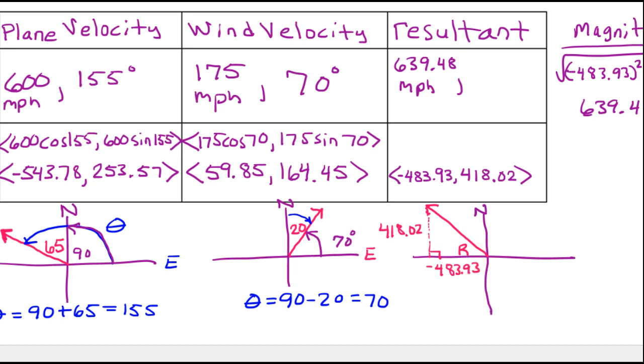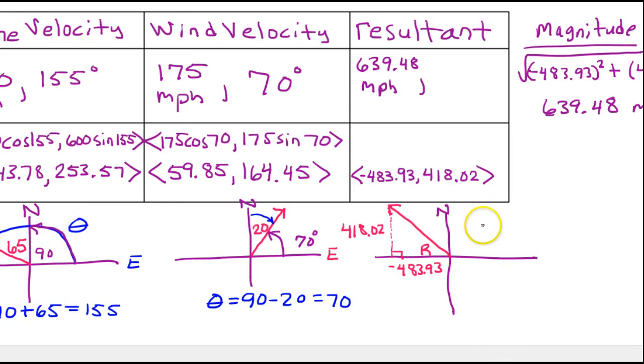So we can find this reference angle R using tangent. So we know that the tangent of this reference angle R should equal 418.02 over negative 483.93. Now I'm actually going to ignore the negative sign, because I just want the positive value of this reference angle. I don't need the negative sign.